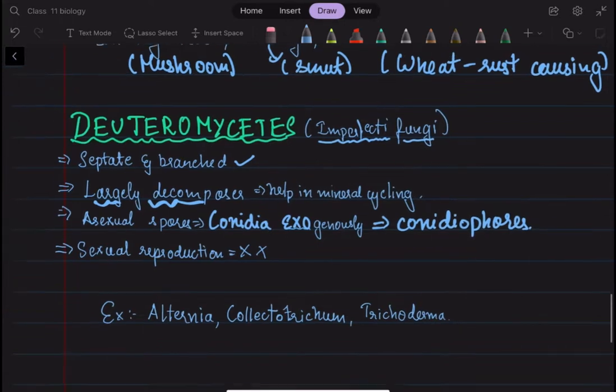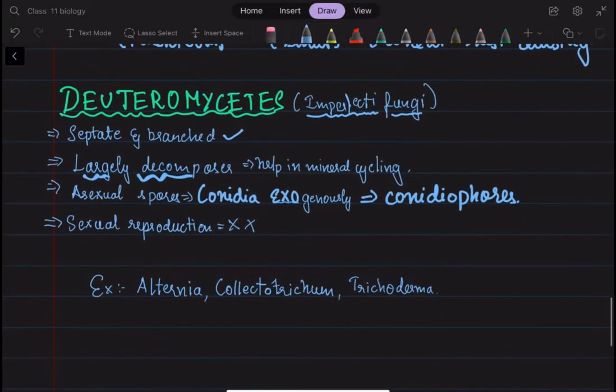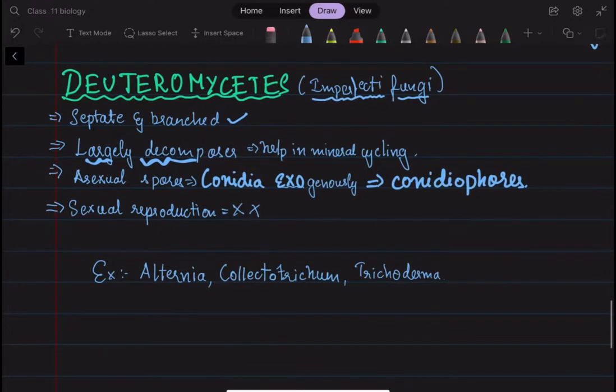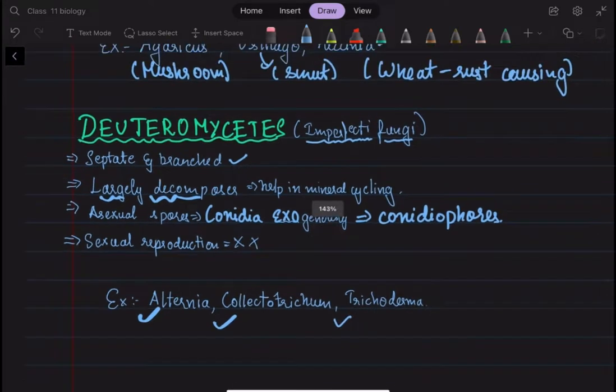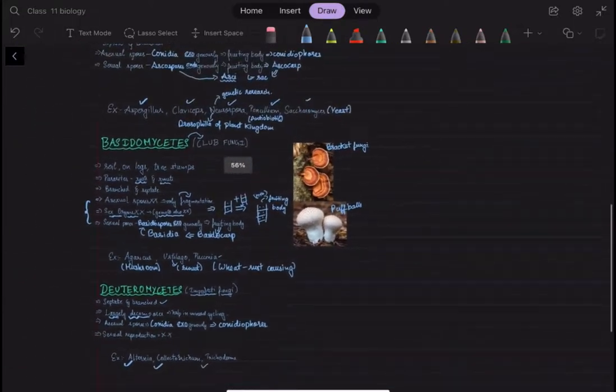So there is no chance of finding sexual reproduction in any organism belonging to deuteromycetes. The important examples of deuteromycetes are Alternaria, Colletotrichum, and Trichoderma. So this was about fungi and all the classes under it.